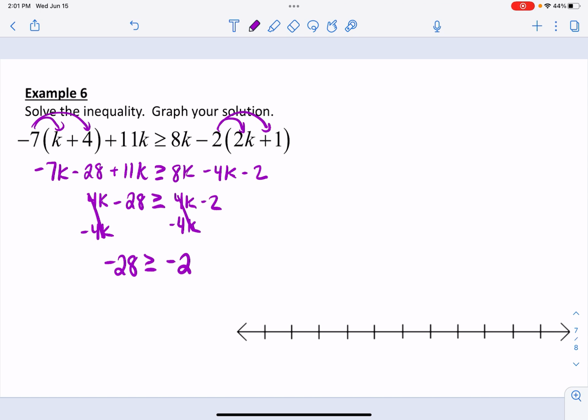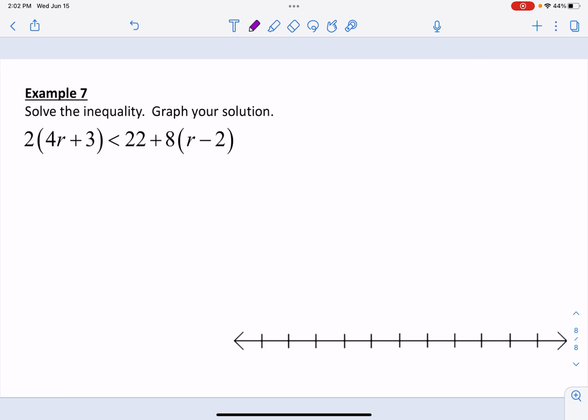So if your variable cancels, you want to ask yourself, is 28 greater than or equal to negative 2? That is never true. Well, if you get an untrue inequality, this is no solution, and then you don't even have to graph anything because there is no solution.